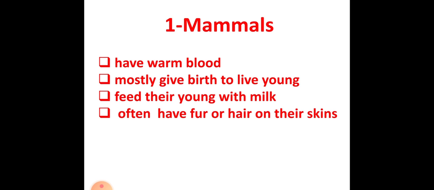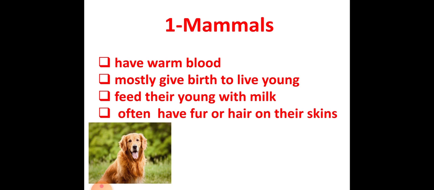So we have to learn more specifics one by one. So mammals have warm blood, mostly give birth to live young, feed their young with milk, and often have fur or hair on their skin. So that is the characteristic of mammals.